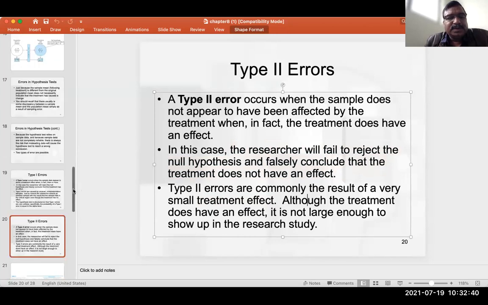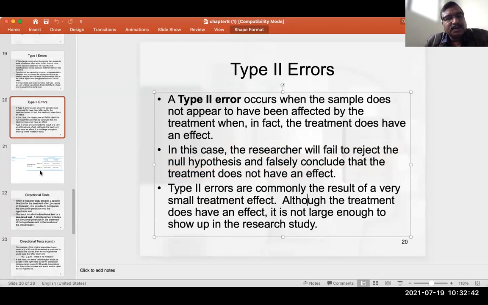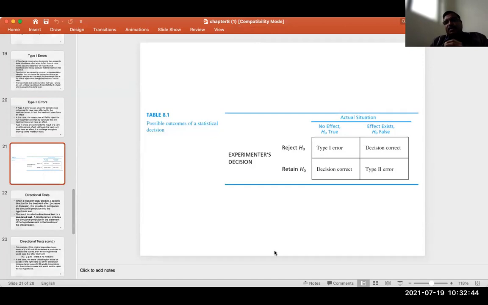So now coming to the final table, to understand the type 1 and type 2 errors. What can be the outcome of any hypothesis testing? There are only two possible outcomes: reject the null hypothesis, H0.